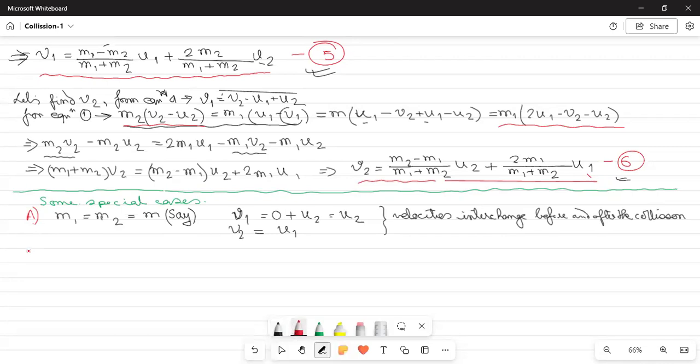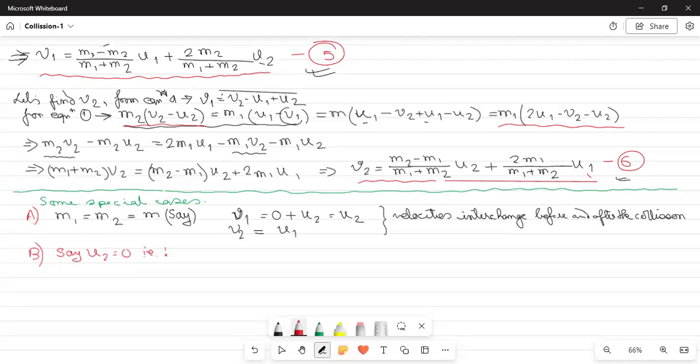Second special case. Say u2 is equal to 0. What does it mean?